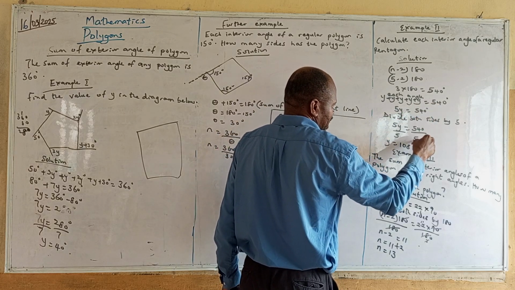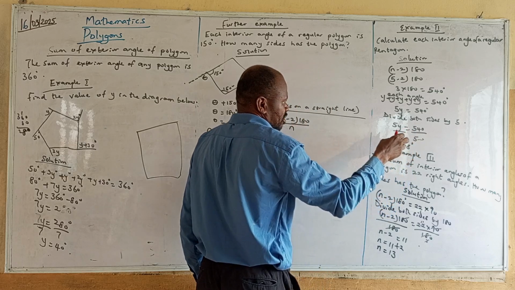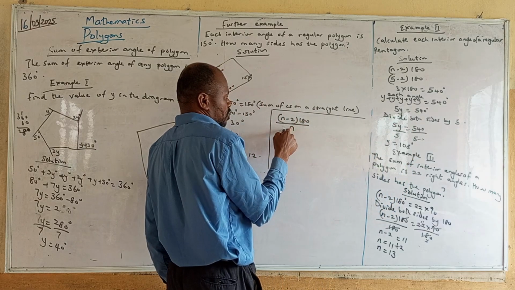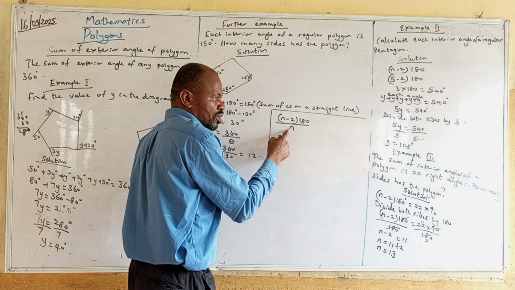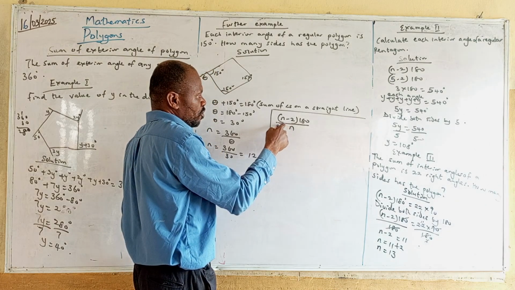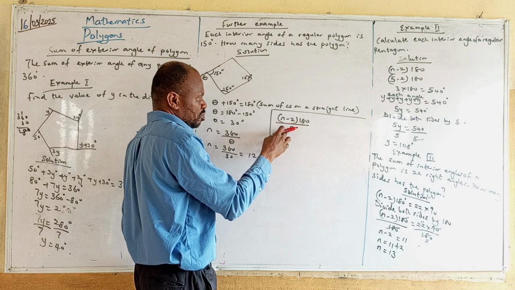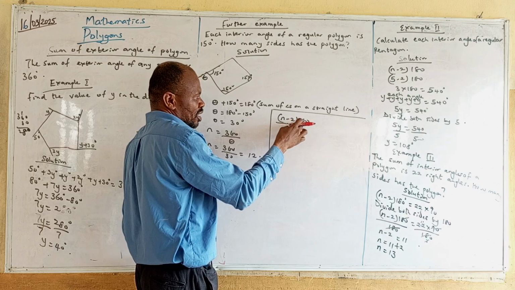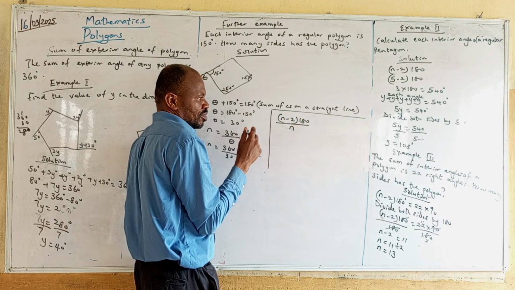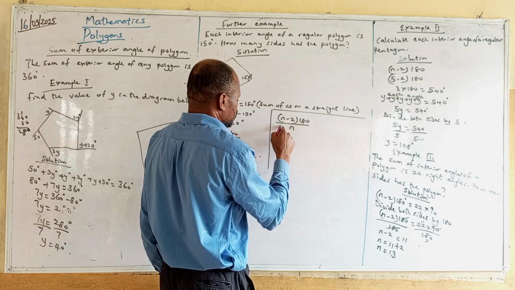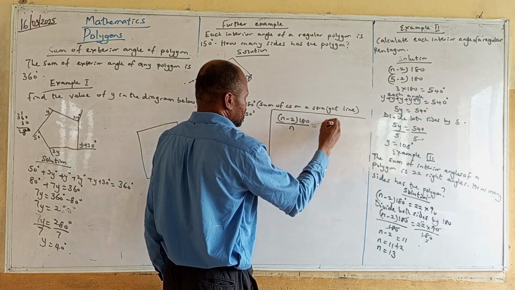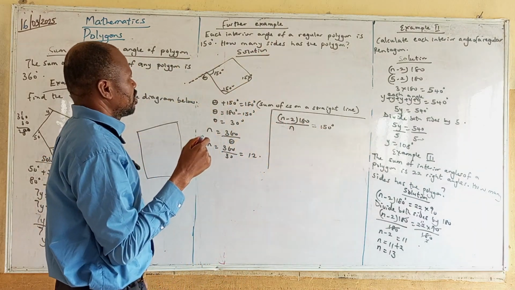We later divided by 5, which represents the number of sides. That is why you have n here. So the formula for each interior angle of a regular polygon is (n minus 2) times 180 divided by n. This equals 150 degrees from the question we have been given.